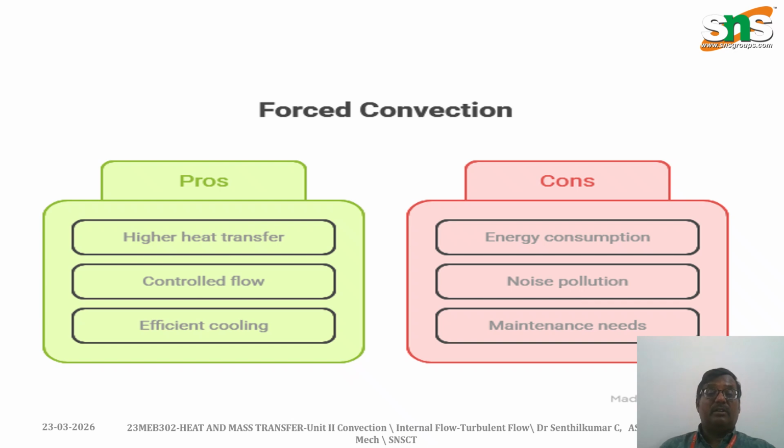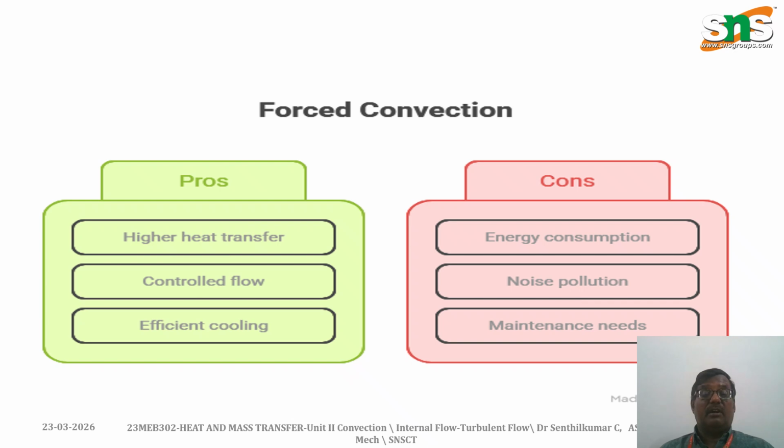So coming to the concept, forced convection. The pros of forced convection are higher heat transfer, controlled flow, and efficient cooling. The cons of forced convection are energy consumption, noise pollution, and maintenance needs.